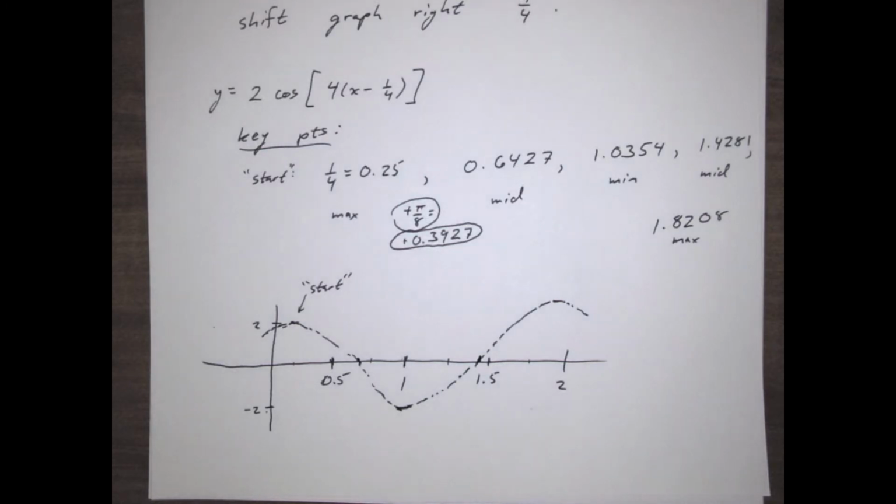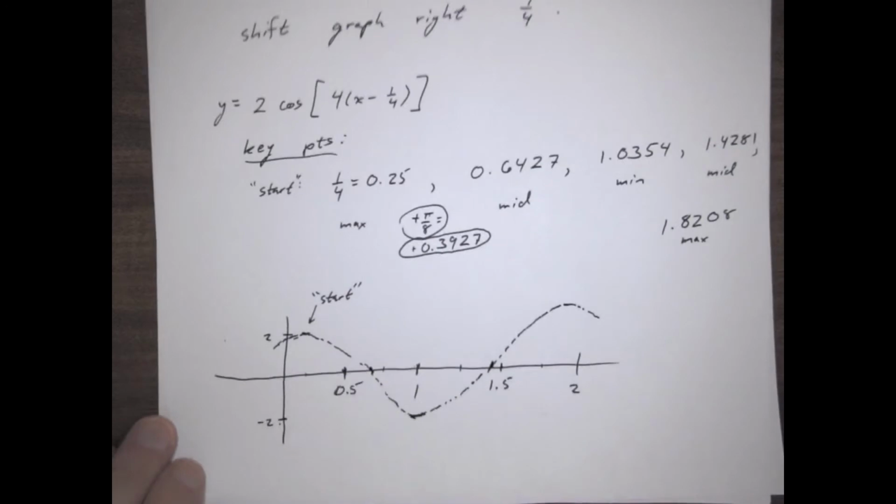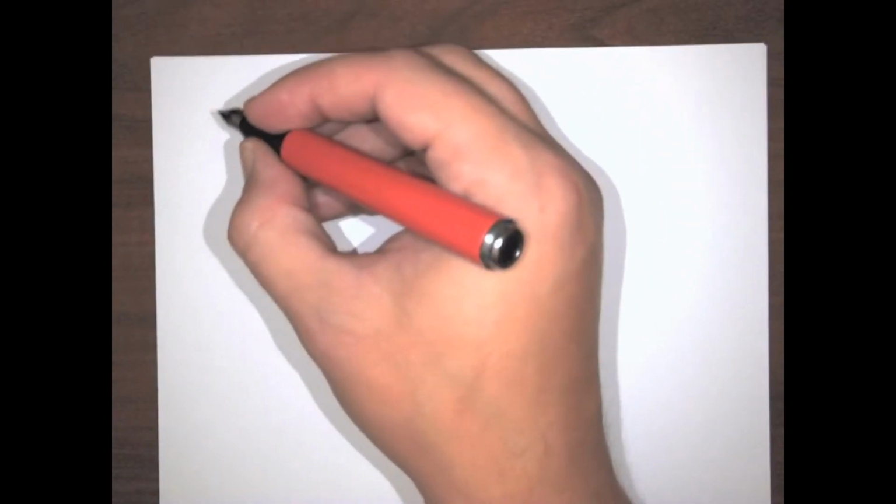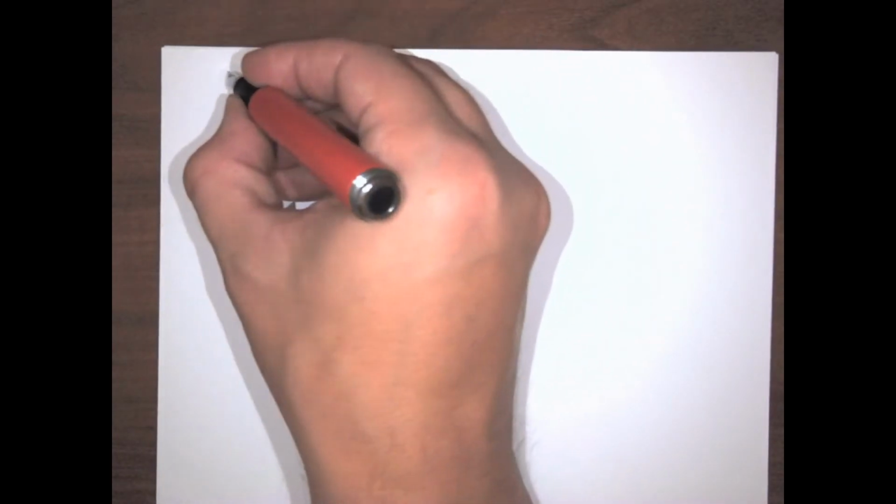That's where the key point sequence will begin as far as our purposes go. All right. Now, one of the main uses of these phase shifts would be what is called sinusoidal curve fitting.